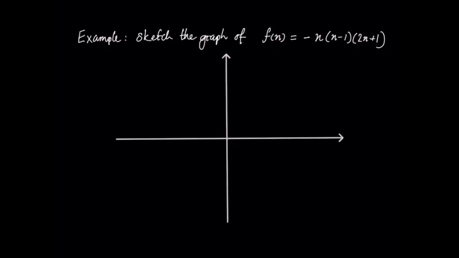And we've got the function f of x is equal to -x multiplied by x minus 1 and 2x plus 1. The first thing to note about this, which is going to be a little bit different to the animations that we looked at just now, is that our coefficient of x cubed is going to be negative.